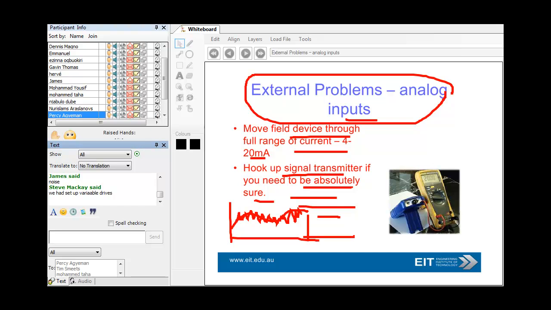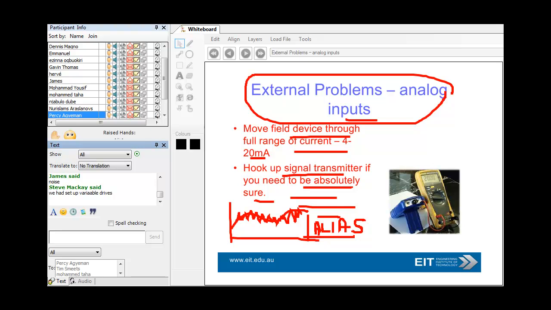Aliasing basically means that because of the harmonics, I wasn't sampling the analogs at the right speed. Obviously, you're not designing to sample your analog signal at 10 kilohertz or 100 kilohertz, which is what a lot of these harmonics are.